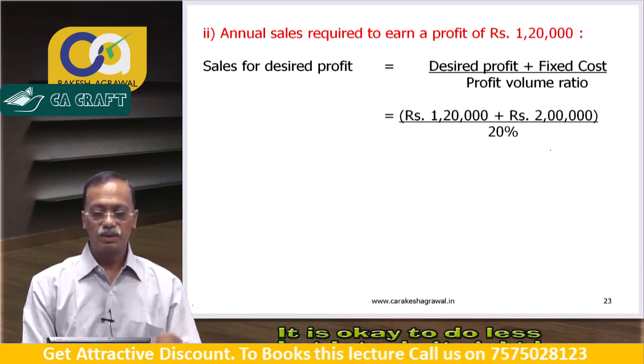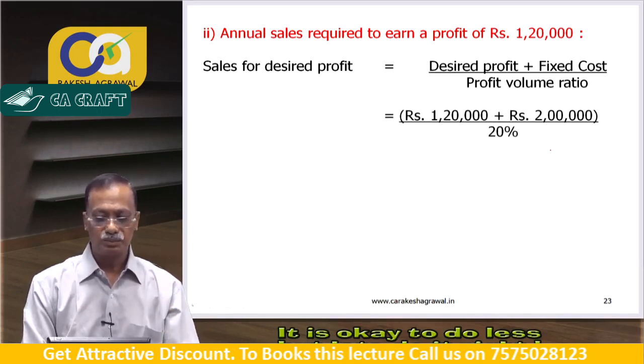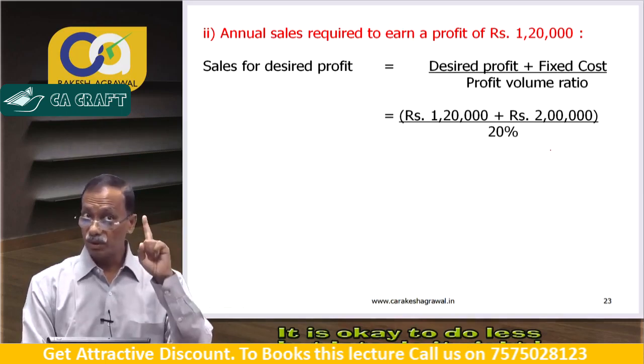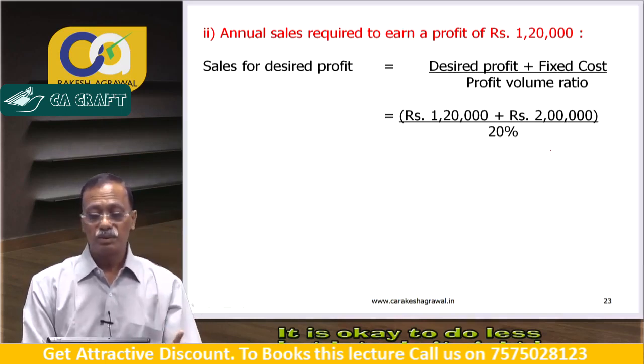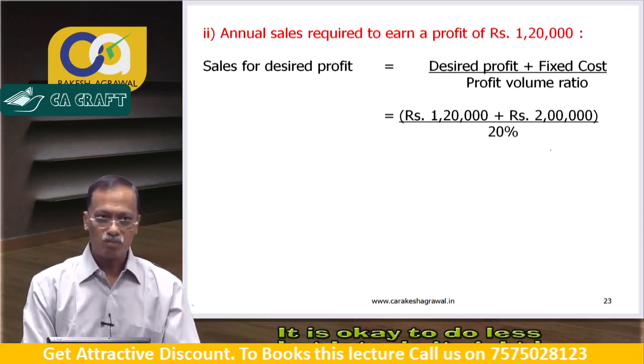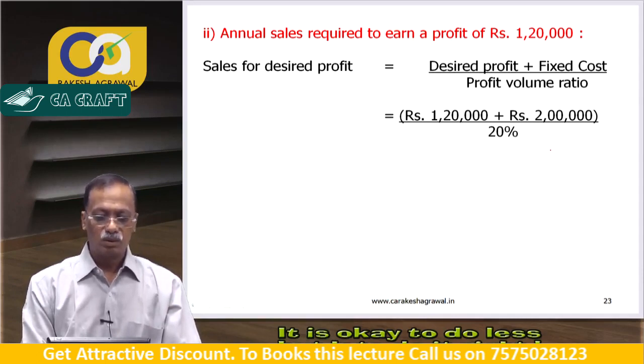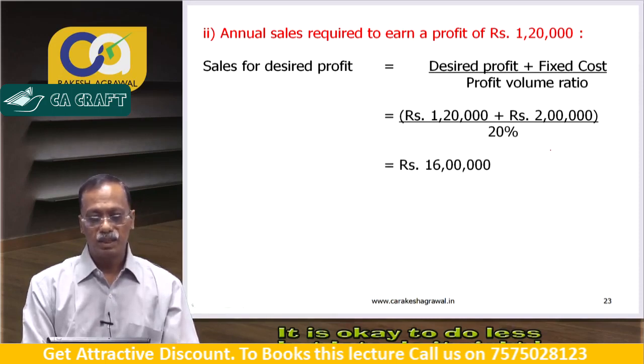Your desired profit is 1,20,000, given in the question, plus fixed cost for 1 year, rupees 2 lakhs, divided by, as I said, PV ratio remains constant, that is 20%. So 1,20,000 plus 2 lakh divided by 20%, that answer comes to 16 lakh.